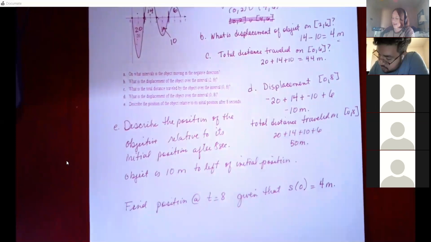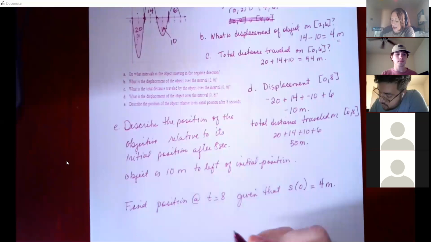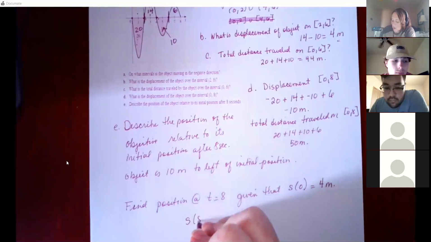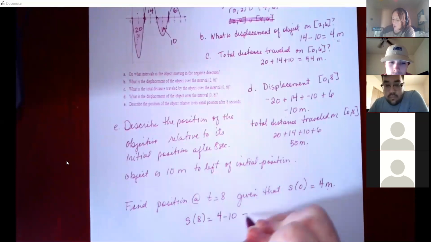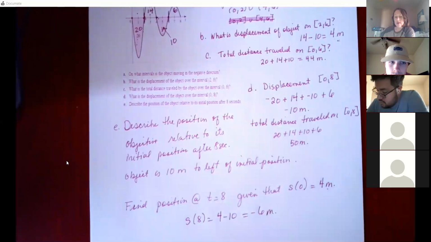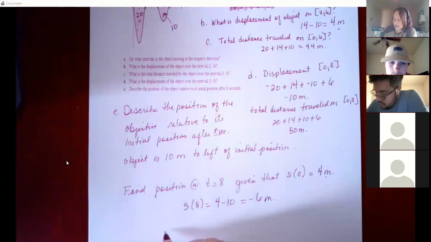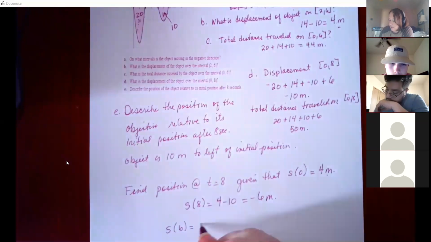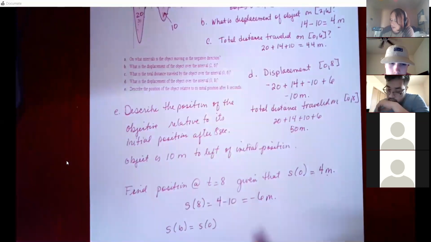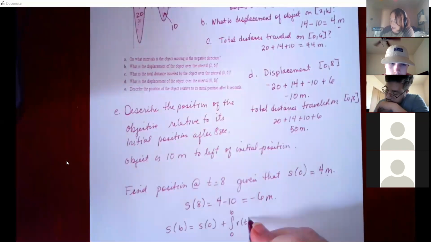-6 meters. -6, exactly. So my position at 8 would be 4 minus 10, or -6 meters. Or in general, to find position at S of B, for instance, I just picked B kind of randomly, you're going to take your initial position plus the integral from 0 to B of V of t dt.